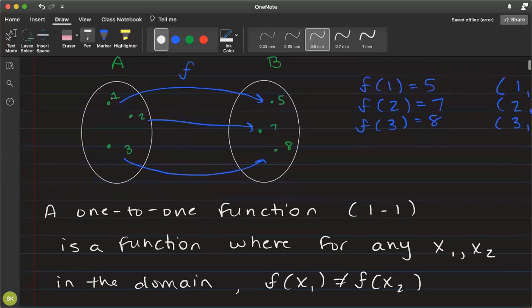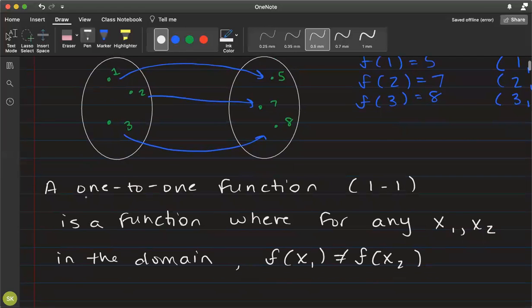So just like this one, we had 1, 2, and 3 in the domain. When we applied f, we sent 1 to 5, 2 to 7, and 3 to 8. So we never repeated any of what we call the y values. So that's what a one-to-one function is.